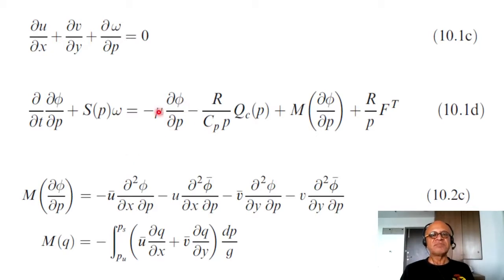So it's a simplifying assumption which is not always very robust, but there you are. And then you have the M term here defined this way for the gradient of geopotential in the pressure direction and the x and y directions.